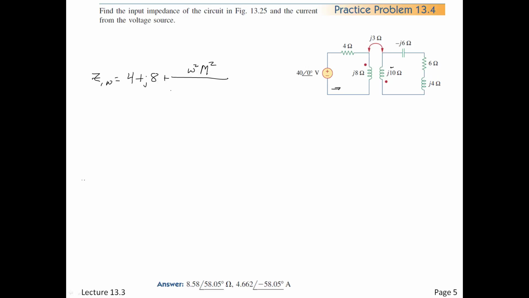The output impedance, which would be R of the output plus j of it, plus whatever load we've got.